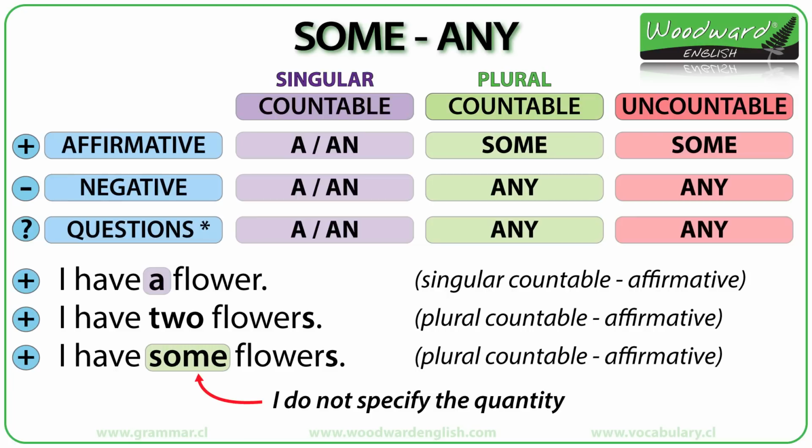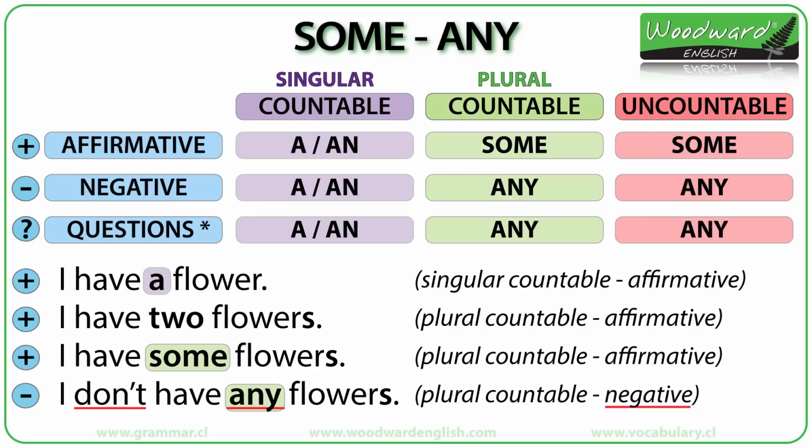But what happens if the sentence is negative? We say, I don't have any flowers. Why do we use any? Because flowers is a plural countable noun, but it is also in a negative sentence.